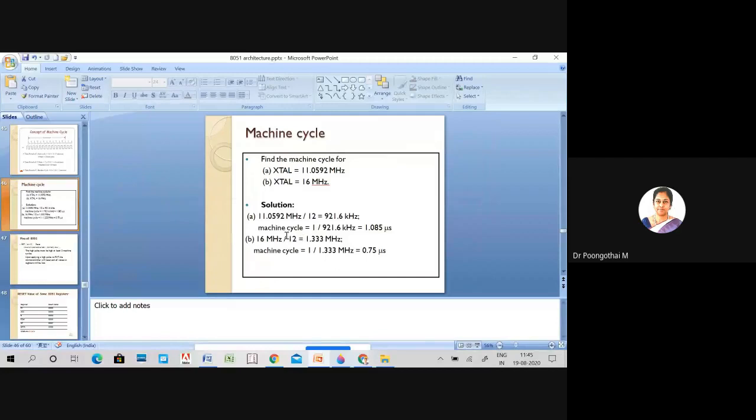So the time period for one machine cycle is 1.085 microsecond in case of 11.0592 megahertz crystal oscillator frequency, and similarly one machine cycle is equal to 0.75 microsecond for 16 megahertz crystal oscillator frequency. Is it clear?